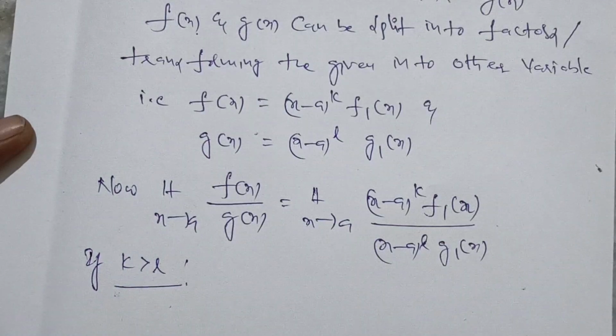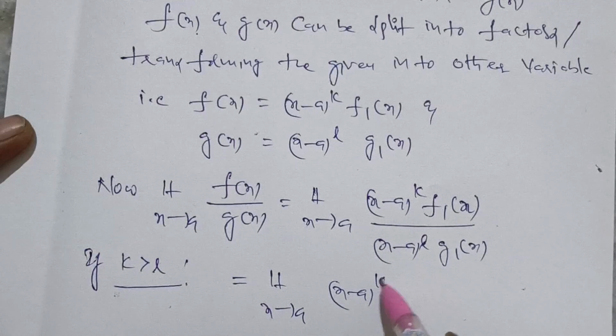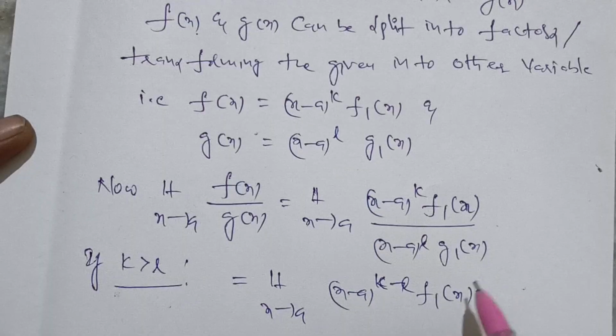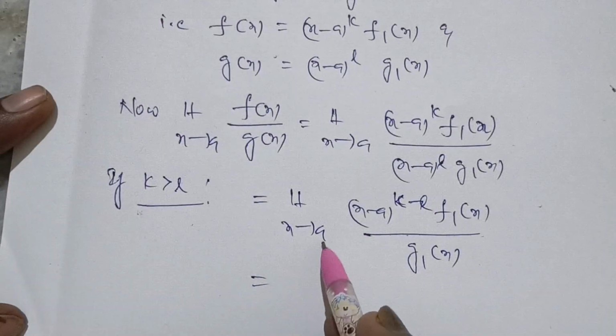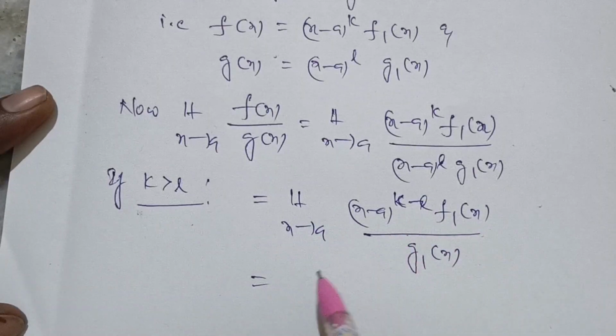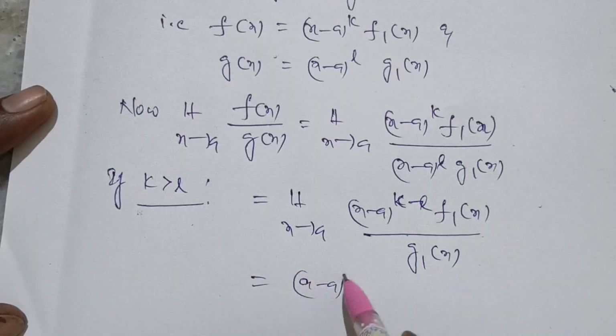Two cases arise. If k greater than l, then we apply the x power m minus n formula. So x power m by x power n is x power m minus n. So like that, x minus a power k minus l into f1 of x by g1 of x.